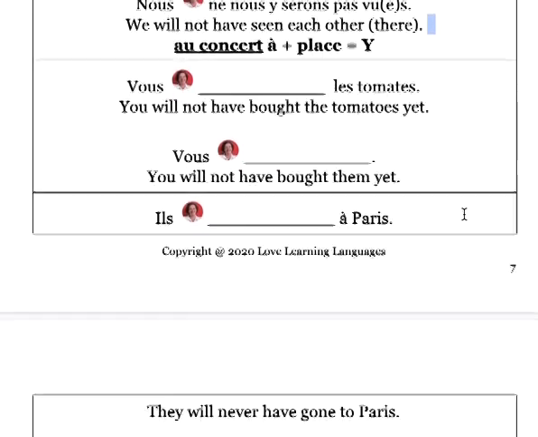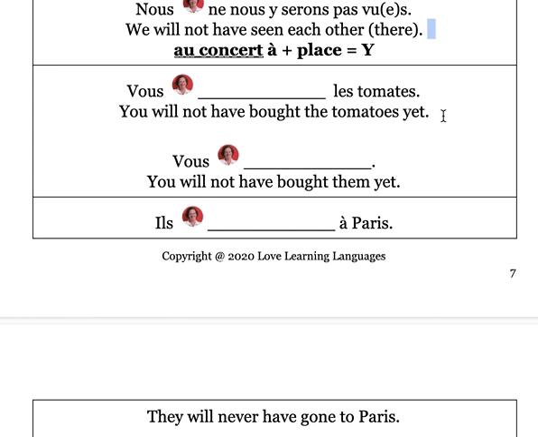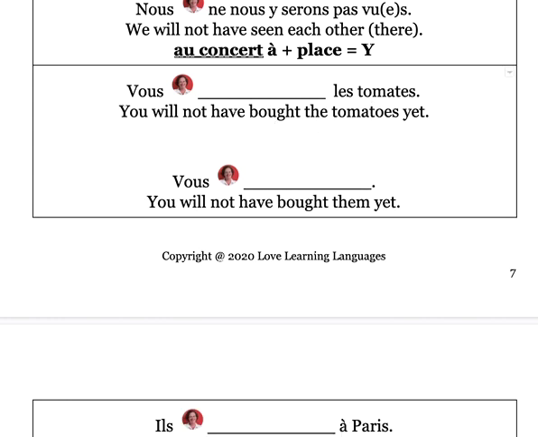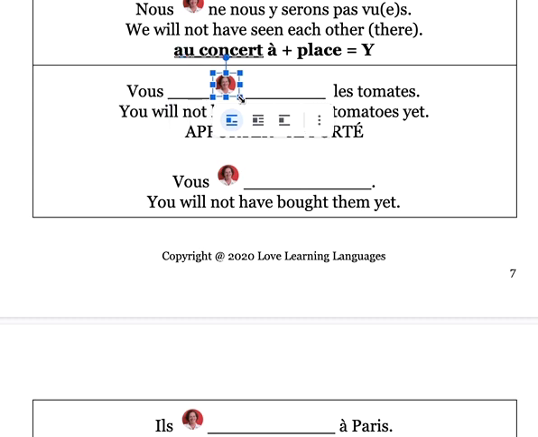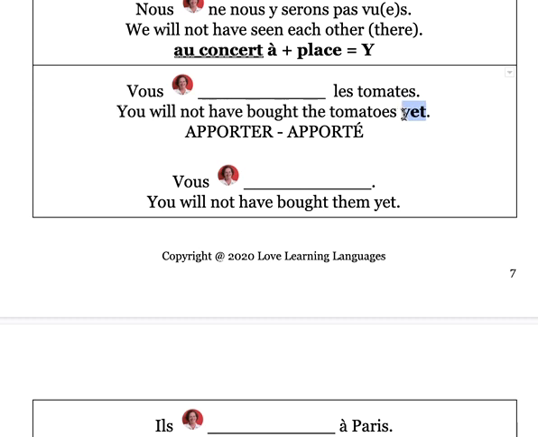Now, vous, you will not have brought the tomatoes yet. Which verb do you want to use? I'm going to go for apporter. So my past participle is apporté. D'accord? Now, hold on. Before we do this, I want you to notice the kind of negation I'm wanting you to use. I have the word yet in there.